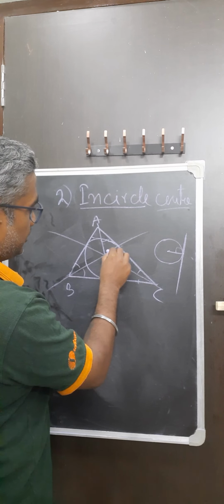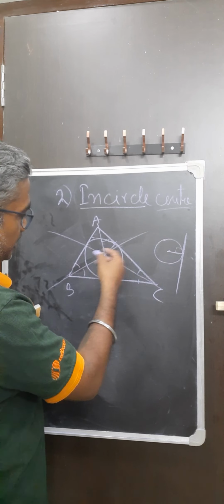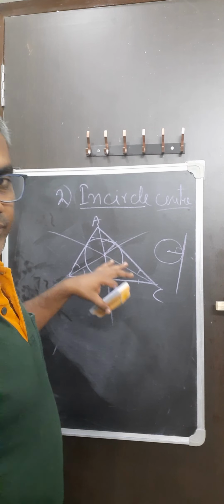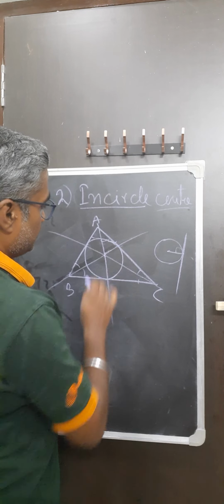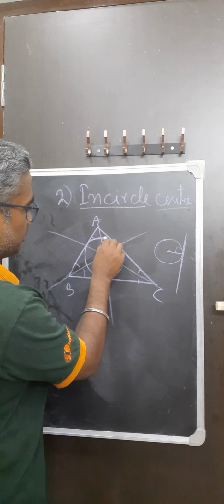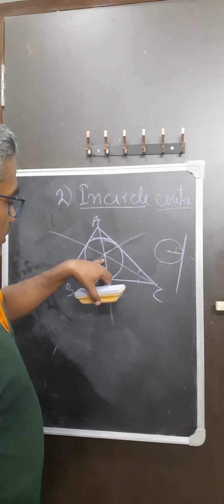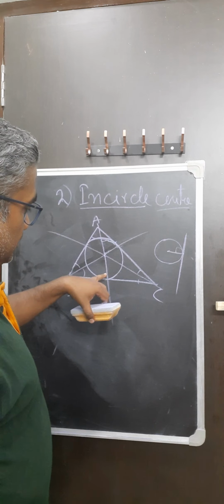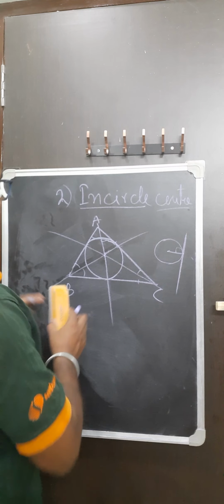Similarly, you will find some lines which may or may not be equal, and may deviate according to the type of triangle. It is needless to discuss now, I am just saying it for understanding. So the topic is the encircle center, and the encircle is the one where the angles are divided into equal parts by the lines meeting at a point.